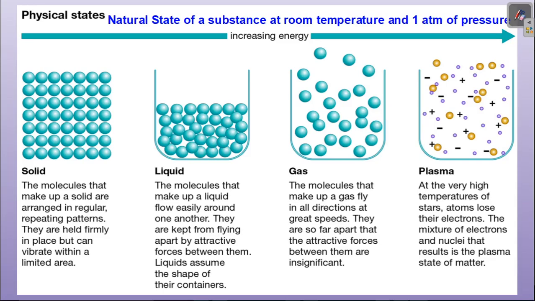Iron at room temperature and 1 atmosphere of pressure, its natural physical state is solid. Water exists as liquid. Air around us that we breathe is a gas. And we're not going to talk much about plasma, but you need to kind of know what plasma is.